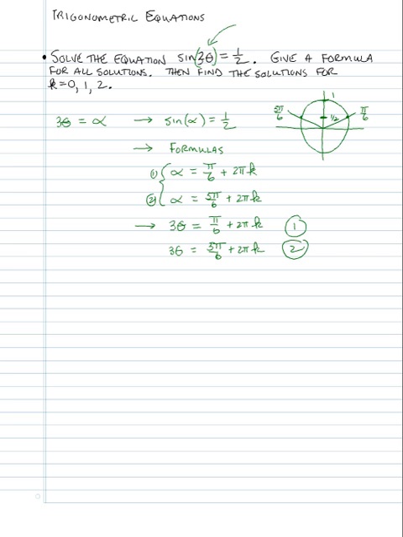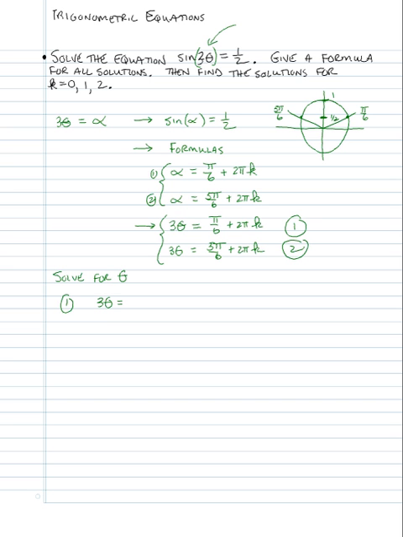Now the problem with these formulas is they tell us what 3 theta is equal to. And of course, we're trying to solve for theta. We're trying to solve for the angle theta. That was our original issue, wasn't it? Solve for theta. So we've got to take each of those equations and solve it for theta.